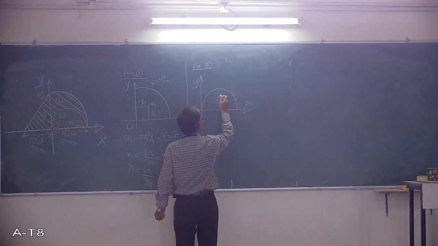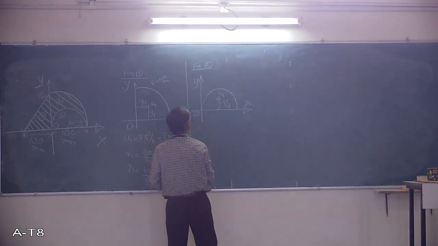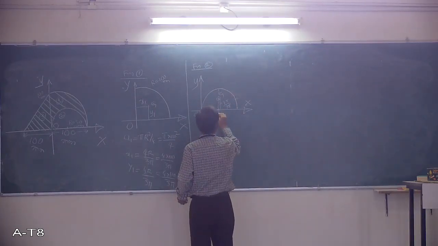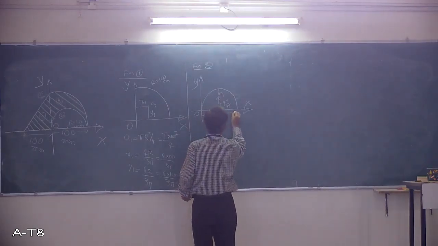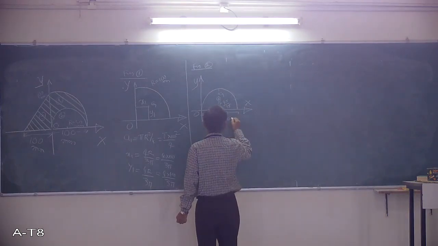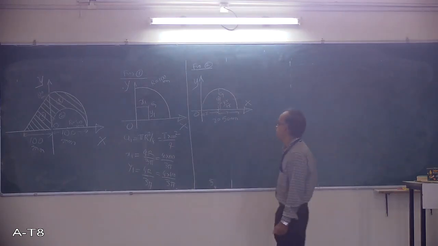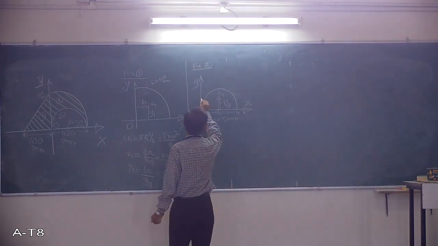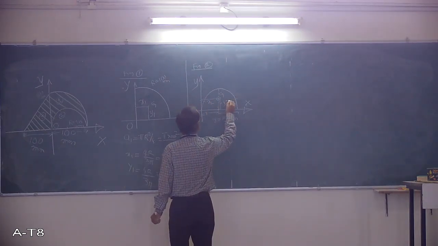The centroid will be at this point G. So this is 4r upon 3 pi. So this is the origin. Okay, so this is the radius. So r is equal to 50 mm, because the diameter is 100. So then this will be our x2 from the origin. So this is our x2 and this is our y2.